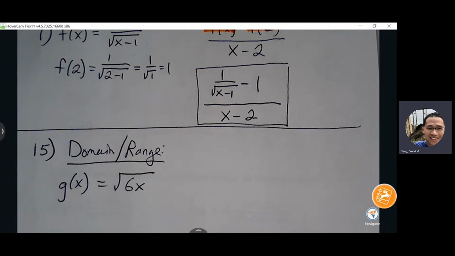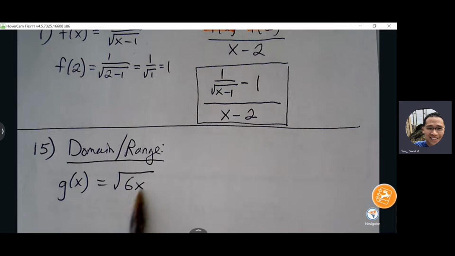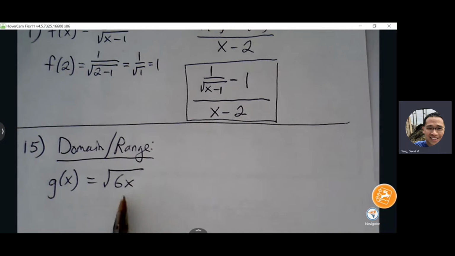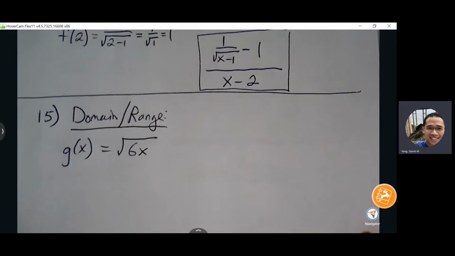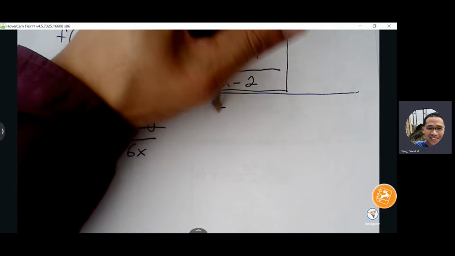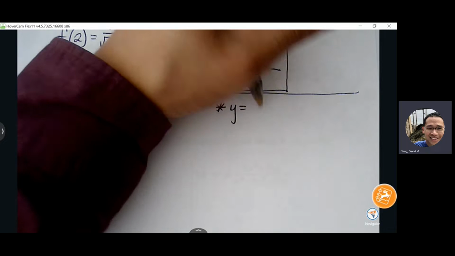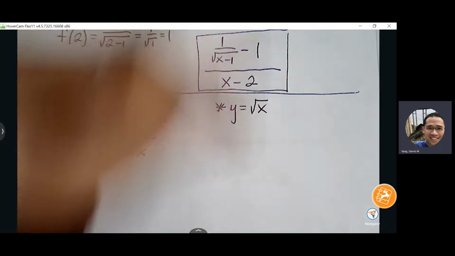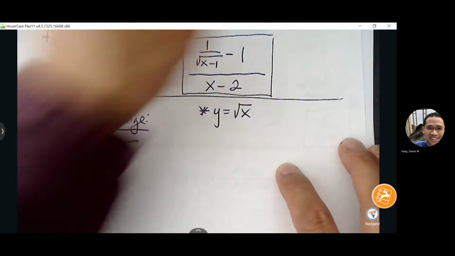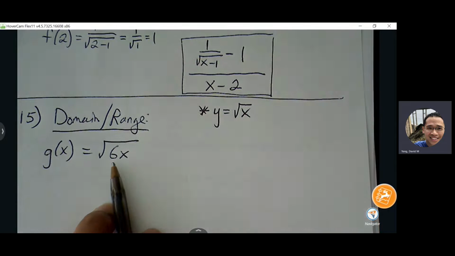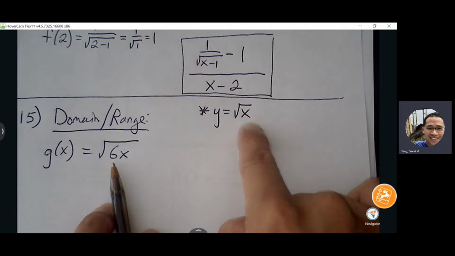Rather than figuring out each of the ordered pairs and creating a table of values, if we know something about a similar function, we can build out a quick graph and figure out the domain and range. We have a parent function that looks very similar, which is y equals square root of x. And root 6x is just a transformed version of this function.